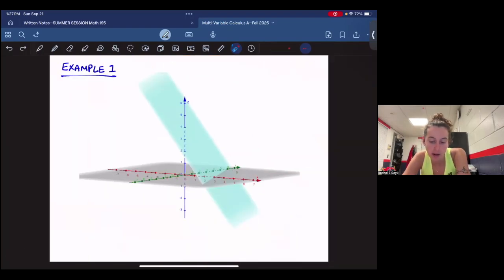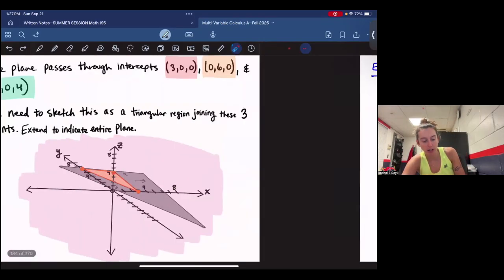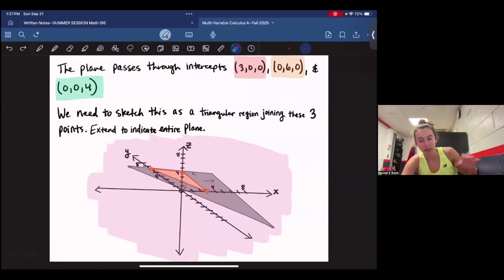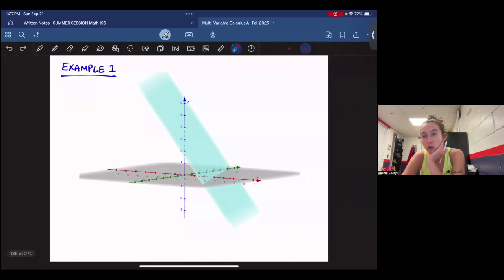This is a much better representation, really seeing how that plane, this triangular region, extends in all directions. And that's it. So that completes our example 1.